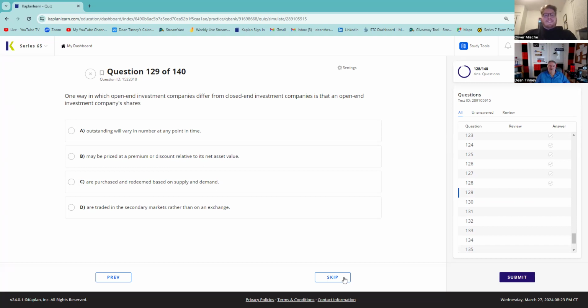One way in which open-end funds differ from closed-end fund companies is open-end company shares. This is very testable. Open-end investment shares.